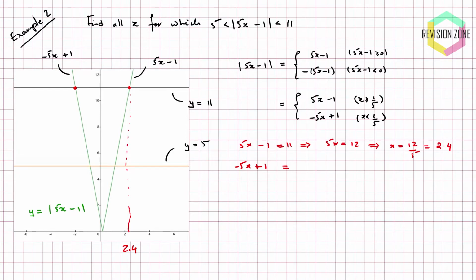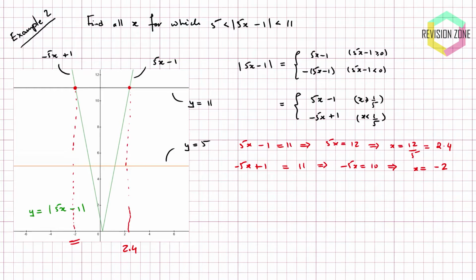So let me write that down. Now when I take away 1 from both sides, I get negative 5x equals 10, which tells me that x equals 10 divided by negative 5, which is obviously negative 2. So if I come down from here, if I don't lose track of my pen, I end up at negative 2 perfectly. Okay, so we've worked out 2 points.